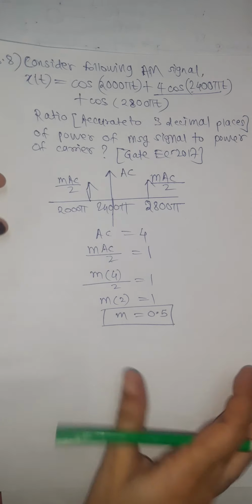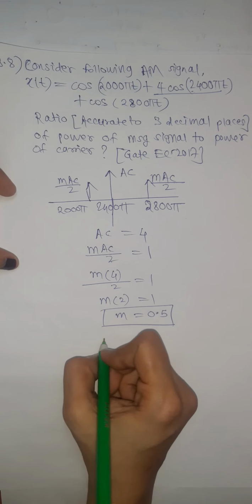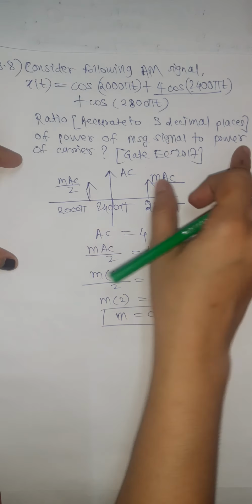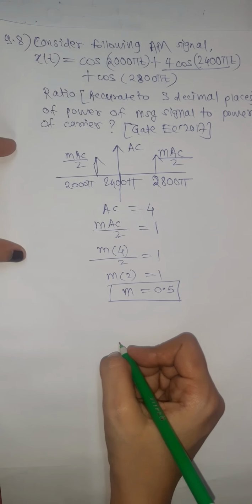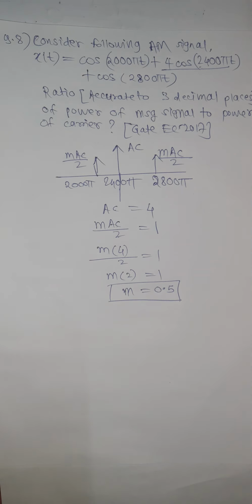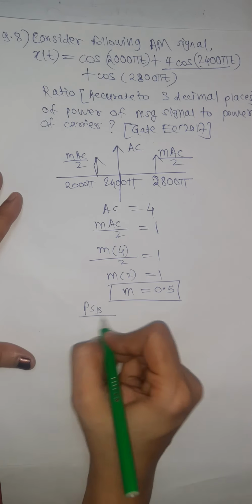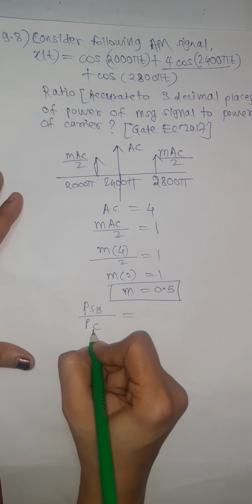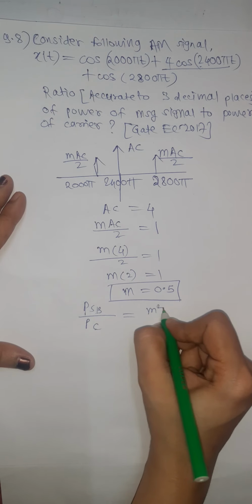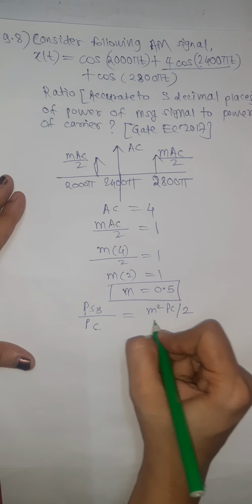Now the power of the message signal is asked, and the power of the carrier. The power of the message signal is nothing but the power present in the sidebands. So PSB divided by PC, that is the power of carrier, is M square PC by 2.